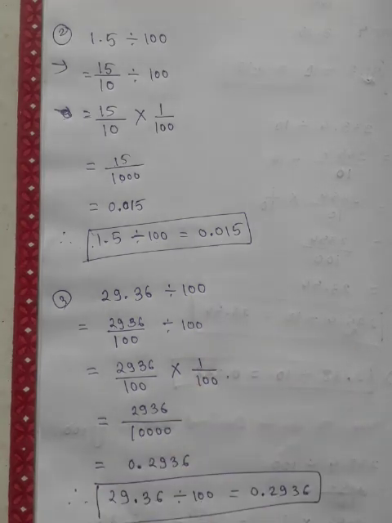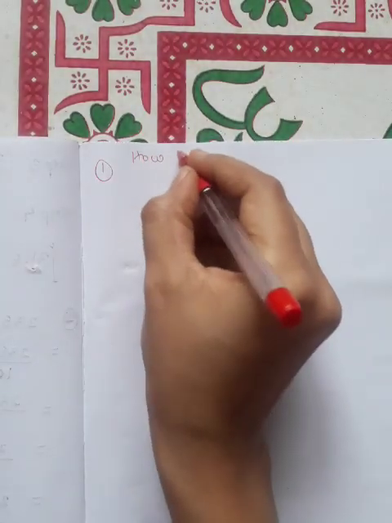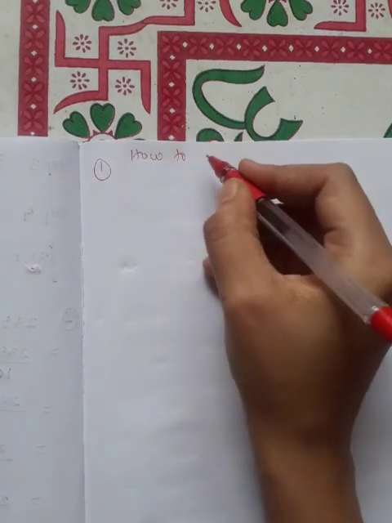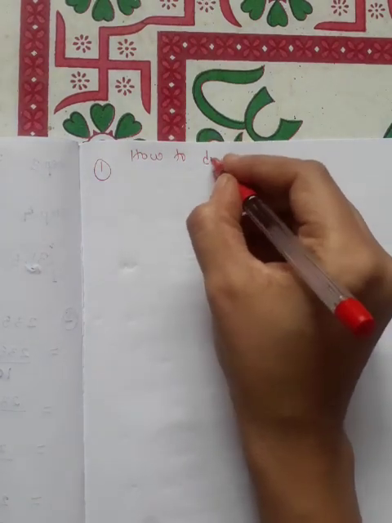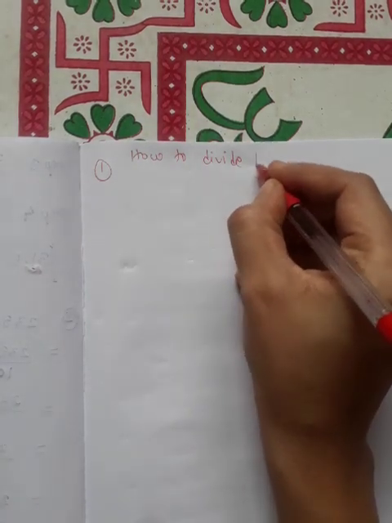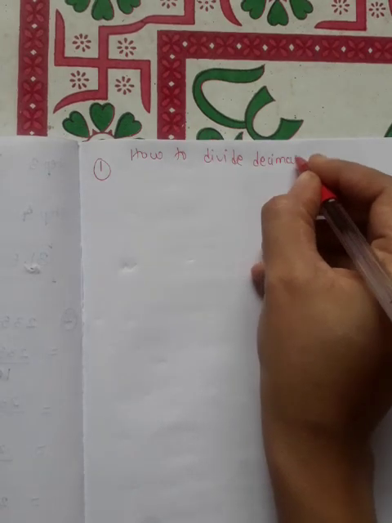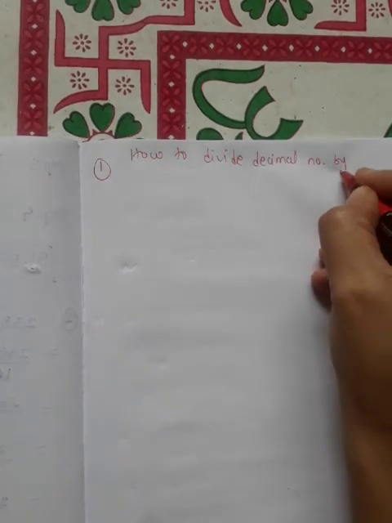Like this, you can divide any decimal number by 100. Now how to divide a decimal number by 1000? So in this part also we do the calculation by previous discussion, how to divide a decimal number by 1000. Now see the first example.